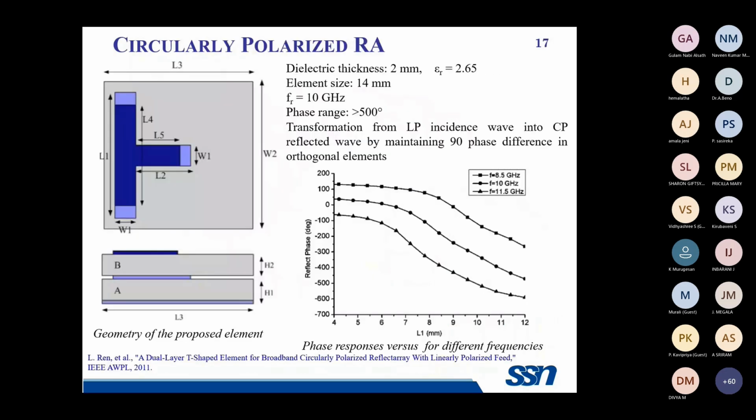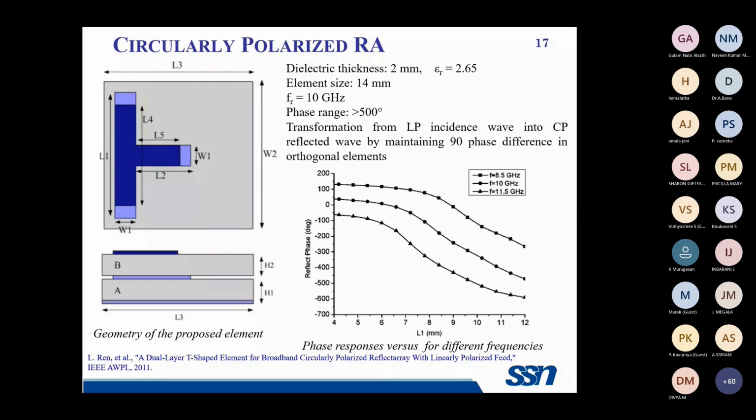And this is another paper which discusses how to obtain a circularly polarized pencil beam. Here they have concentrated on converting a linearly polarized wave into a circularly polarized wave. They've actually converted this wave polarization. And for that purpose, they have used this particular element structure, which is in 2 layers.